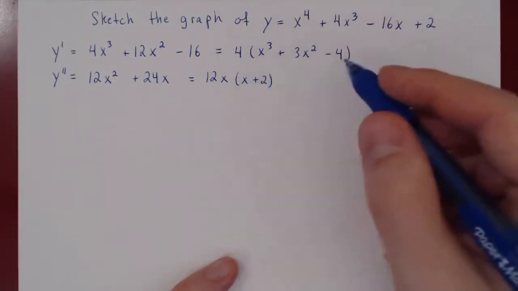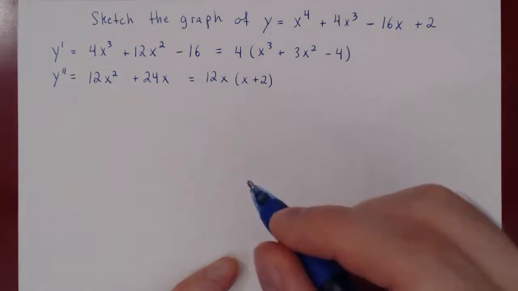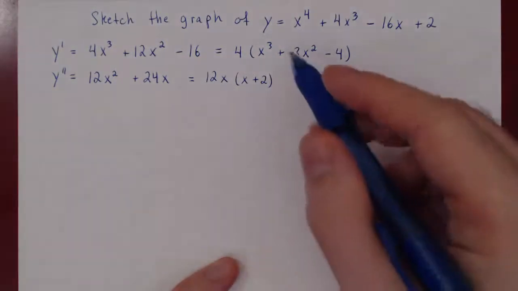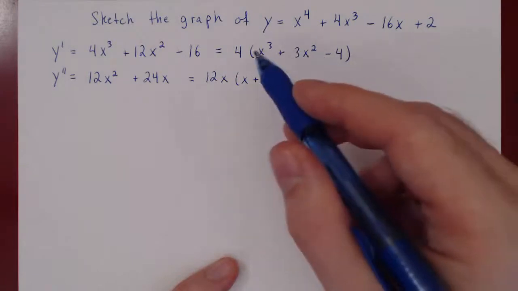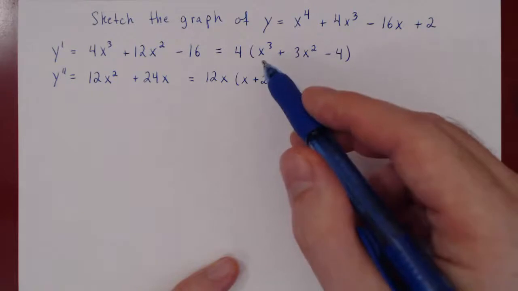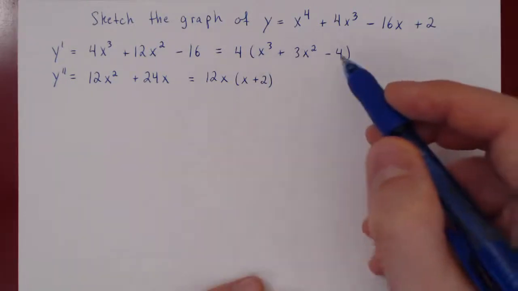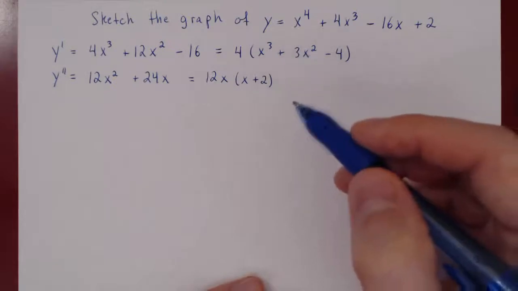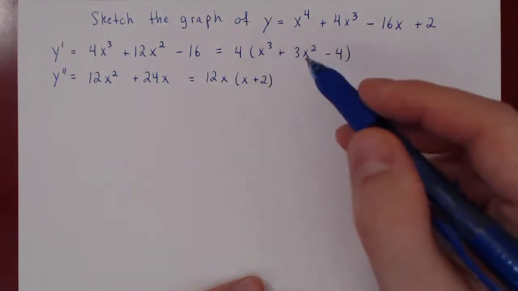But this is a cubic polynomial, so it's not clear how to factor it, but remember the zero theorem. If you look for a factor of a polynomial, you can instead look for a value of x that makes the polynomial equal to 0. Look at the coefficients: this is 1, this is 3, and this is minus 4. 1 plus 3 is 4, minus 4 is 0, and this can be done if you take x equal to 1.